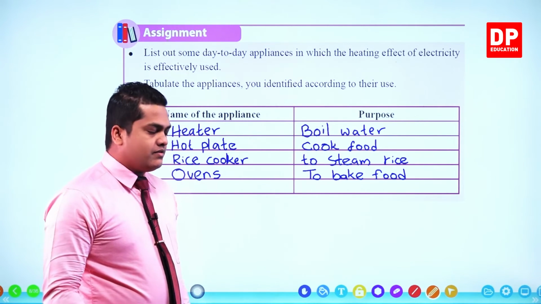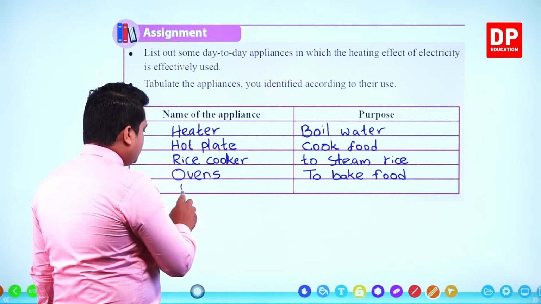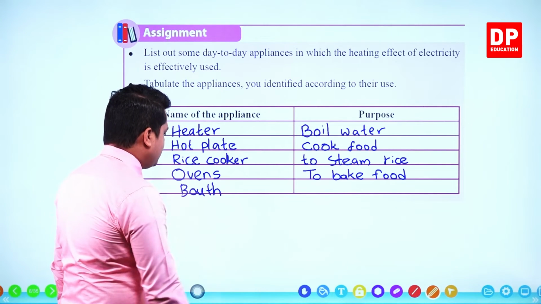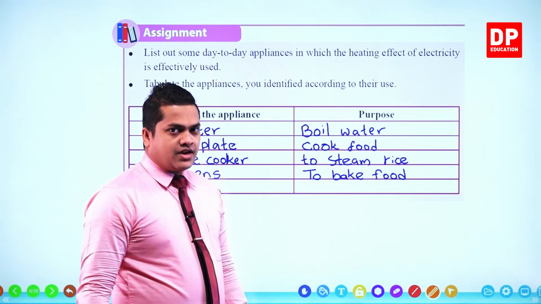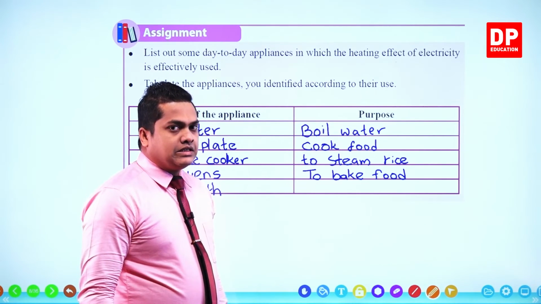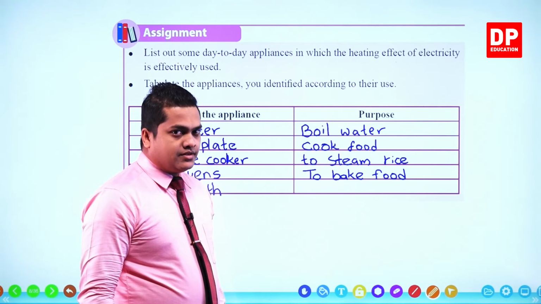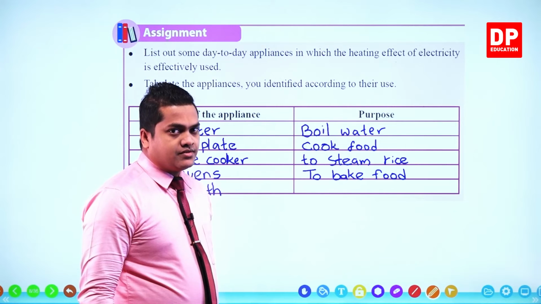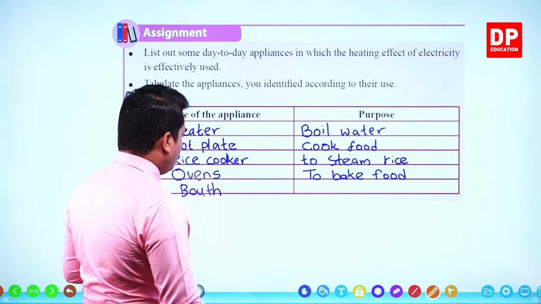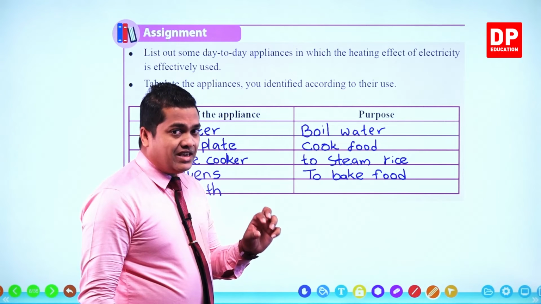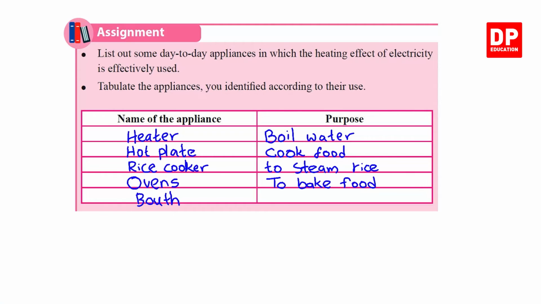So I'll write another one, bath. We studied about the bath, right? We studied about this when we were discussing the activity related to soldering equipments, right? So we use bath to solder instruments or to solder equipments to a circuit.